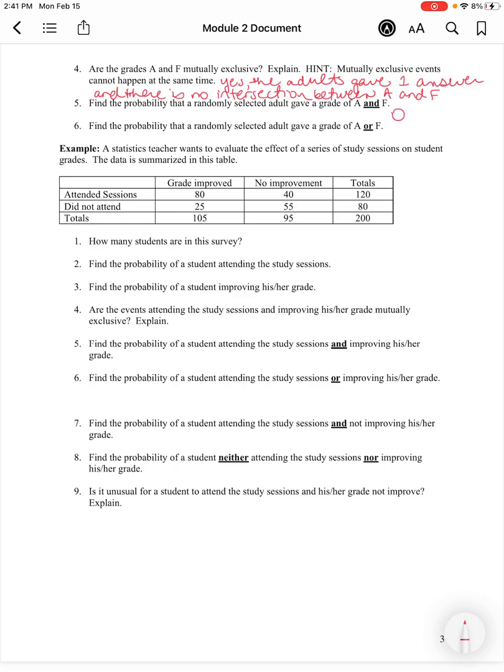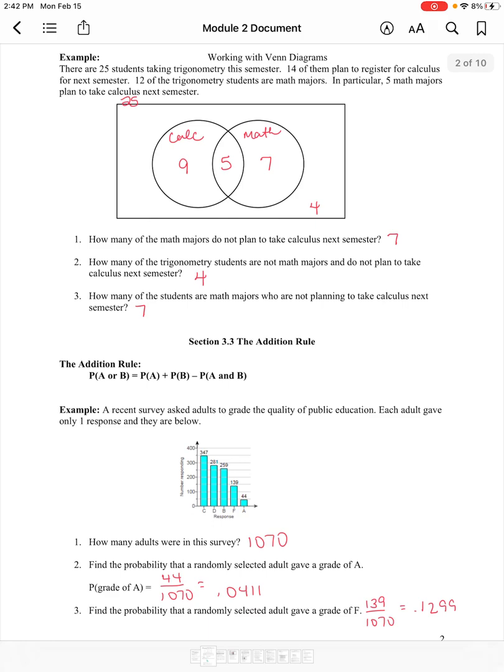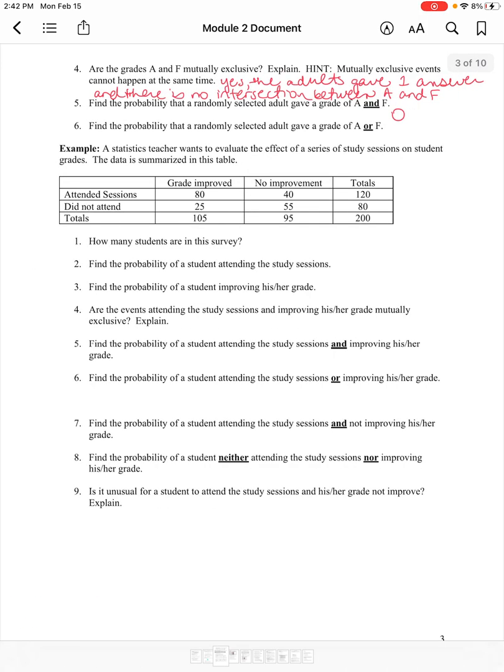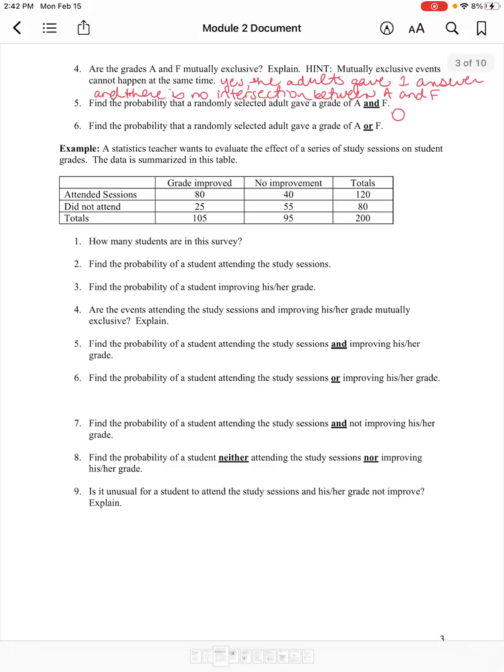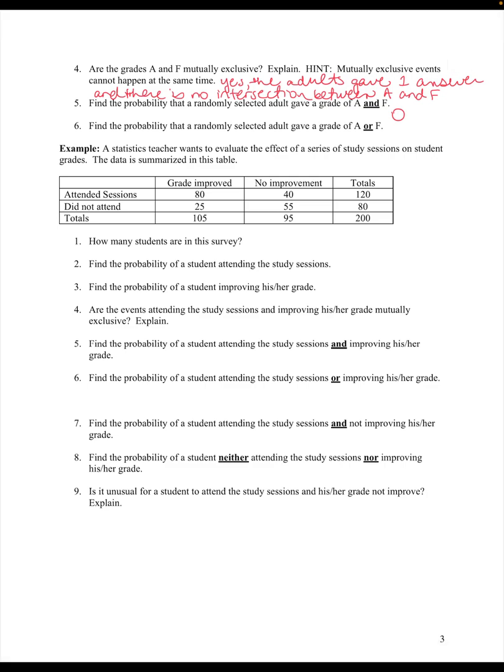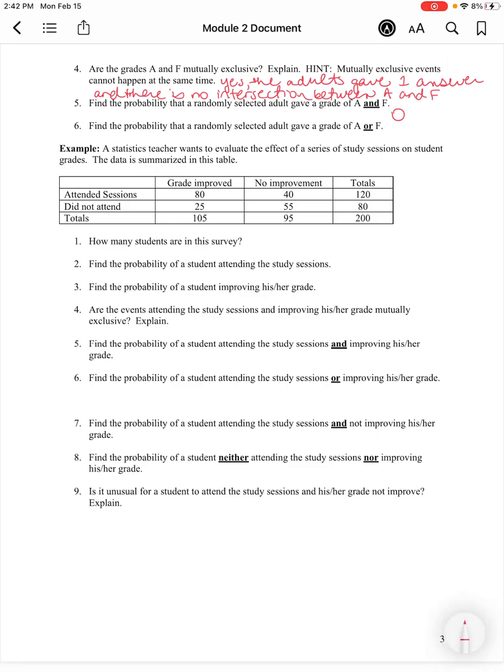Find the probability that a randomly selected adult gave a grade of A or F. So if we go back and look at the A or F, that would be the 139 plus the 44, out of the 1070.